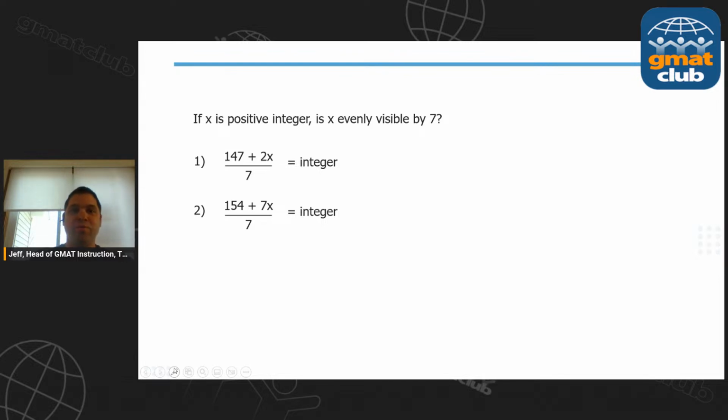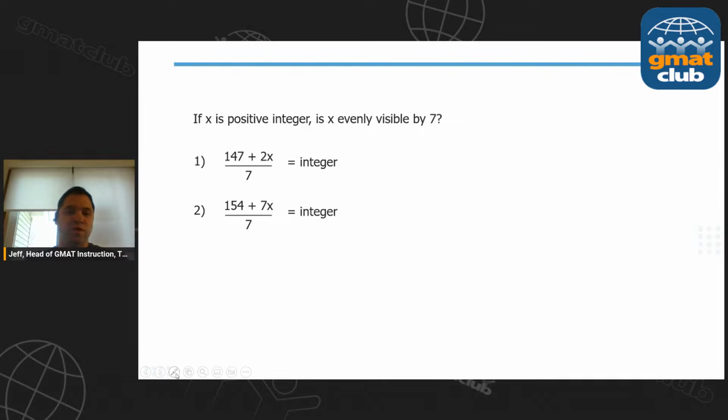And on the GMAT in general, having an extra 10 seconds spared is huge. Because let's say you save 10 seconds on 10 questions. Well, that's 100 seconds, a little bit over a minute and a half. That's time that you could use at the end of your exam. So anyhow, it's important to know that.